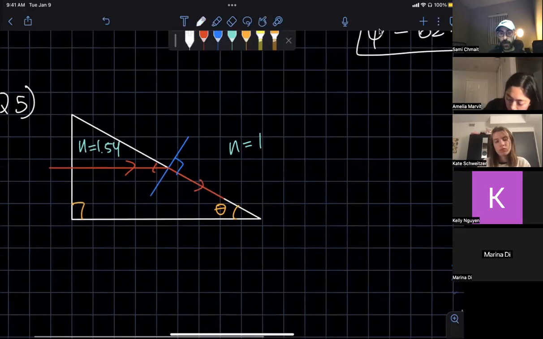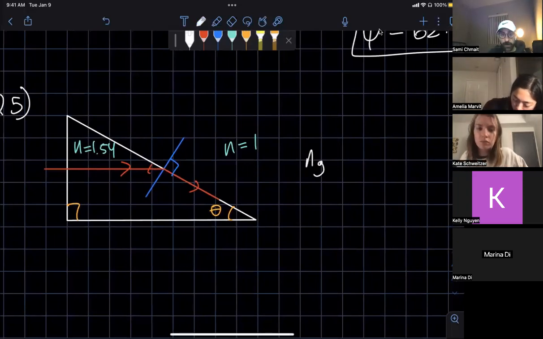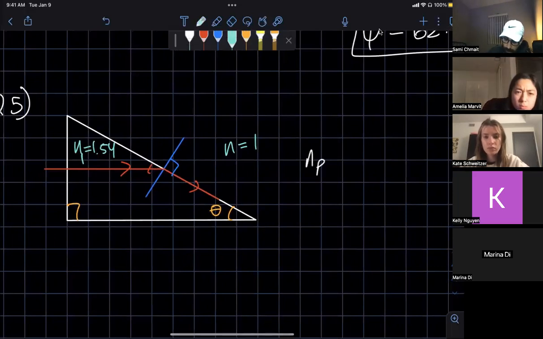So we set up our Snell's law again, right? We'll say n in the glass there, right? It's glass, or prism, whatever. Let me say P for prism and A for air. So n prism sine theta 1. And what's our theta 1?